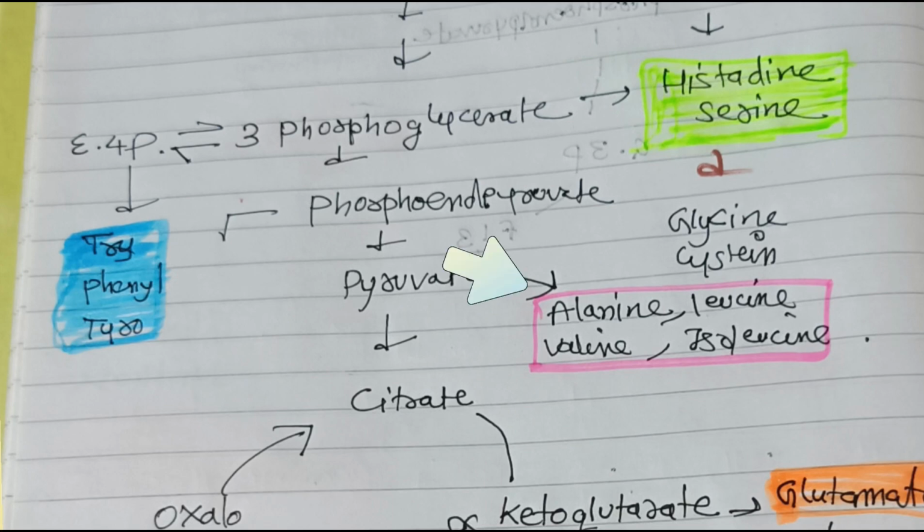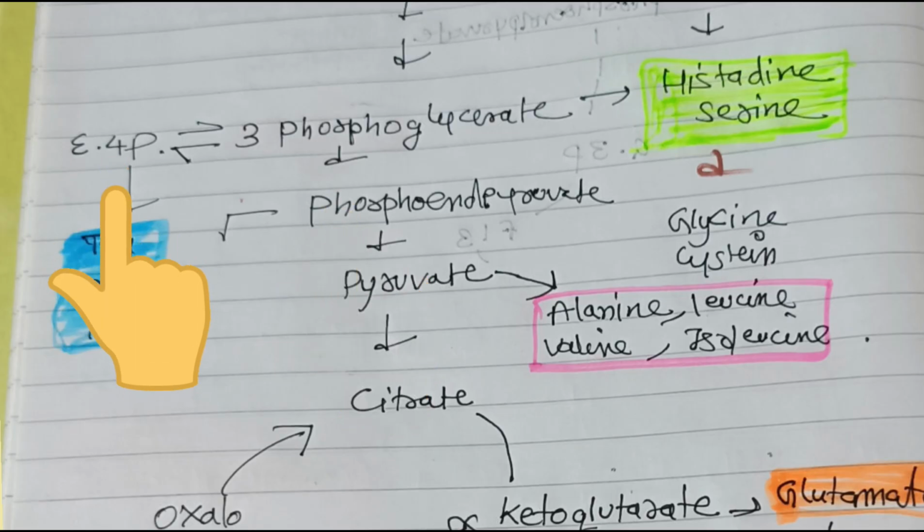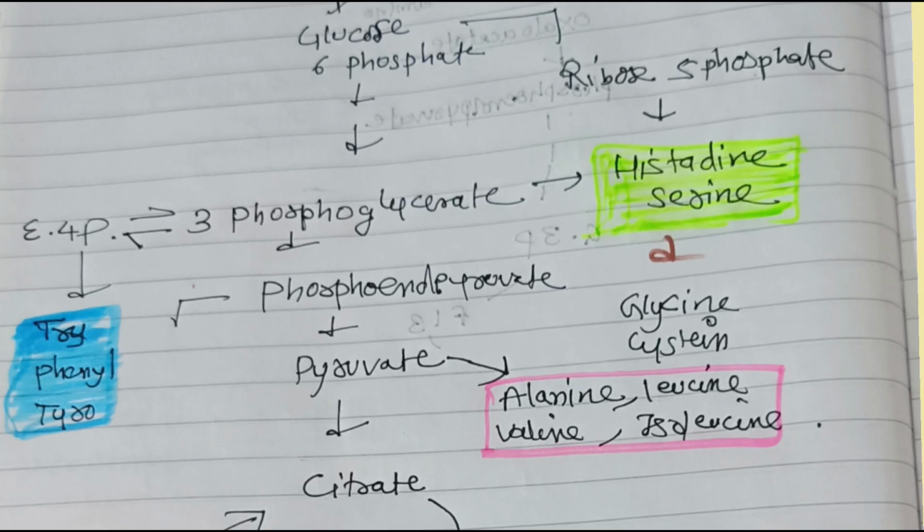Here the pyruvate family consists of alanine, valine, leucine, isoleucine, and they derive their carbon skeleton from pyruvate. Then aromatic family, which is derived from phosphoenolpyruvate and erythrose 4-phosphate. So here the members of the family are phenylalanine, tyrosine, tryptophan. These are the members. Then histidine. Histidine is derived from a carbon skeleton from ribose 5-phosphate.